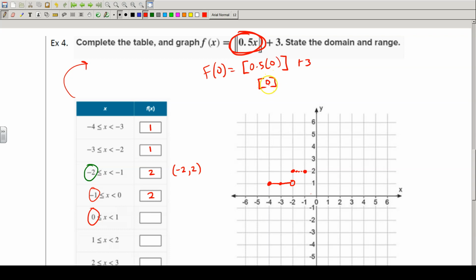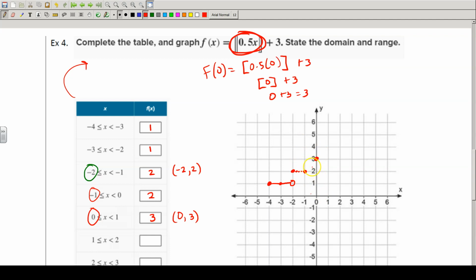If I round 0 down, it's going to stay as 0, and this is where it would change, because now I would have 0 plus 3, and my output for these numbers would become 3, which means that if I plug in 0 for x, my output of f of x is going to be 3. So 0 is going to go all the way to 3. I'm going to have a closed circle at 3.